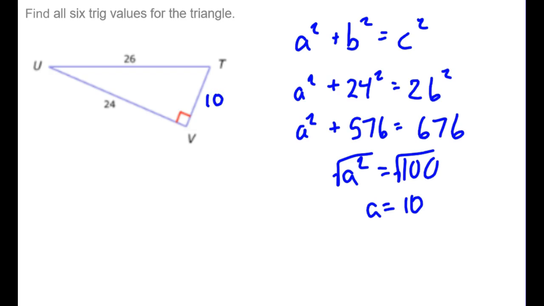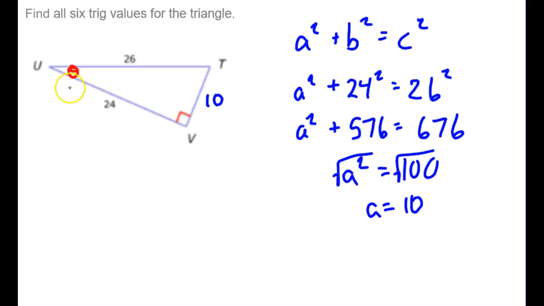Now we can go through and find all of the trig ratios. First, we're only going to focus on angle U right now, because technically, we can find the 6 trig values for angle U and angle T, the two acute angles.